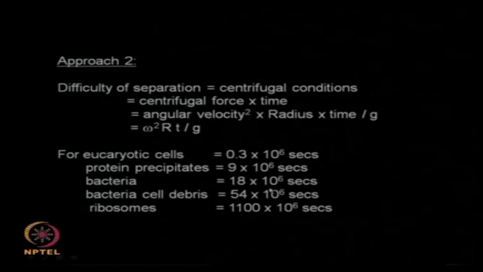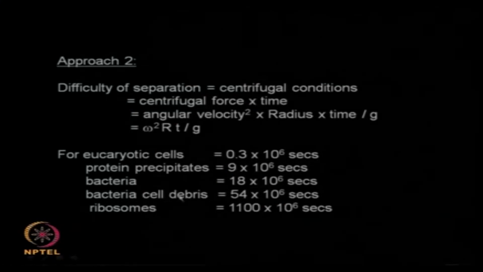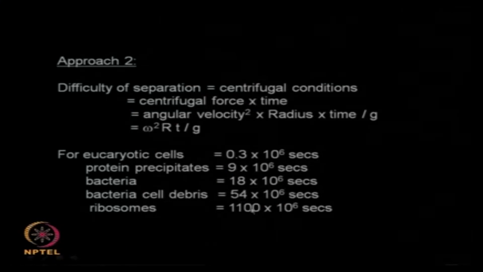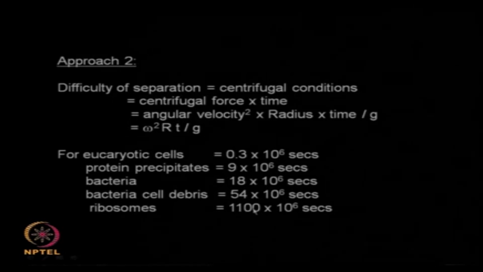For example, for eukaryotic cells, this particular term is given like this. For proteins it is given as 9 into 10 power 6, for bacteria 18 into 10 power 6, bacterial cell debris it is 54 into 10 power 6, ribosomes 1100 into 10 power 6.